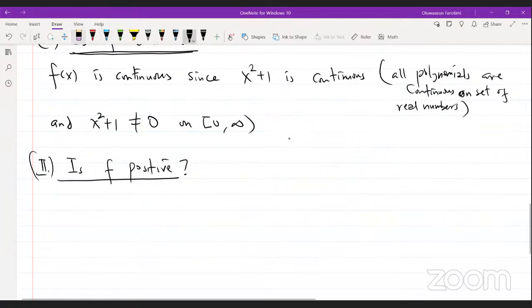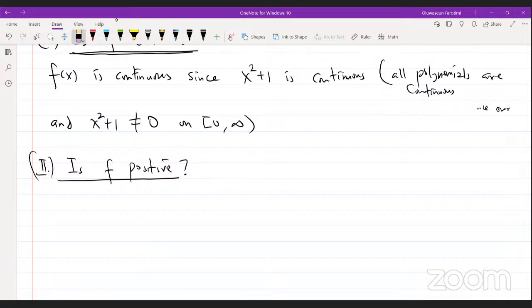Okay, so let me write a little bit more here. Continuous on the set of real numbers since our discussion. All polynomials are continuous, yes. So let me write it like this.